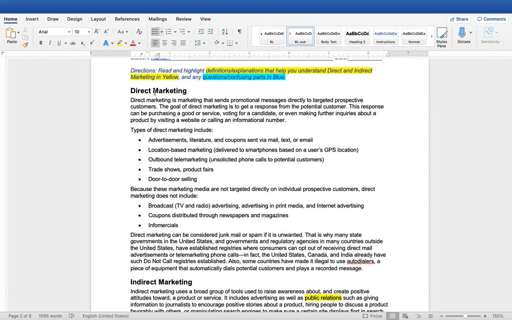So one example of direct marketing, when you receive those flyers in the mail, or advertising that's in your mailbox at home, that was directly mailed to your home, to your location. Many times it comes in your name or your parents' name.